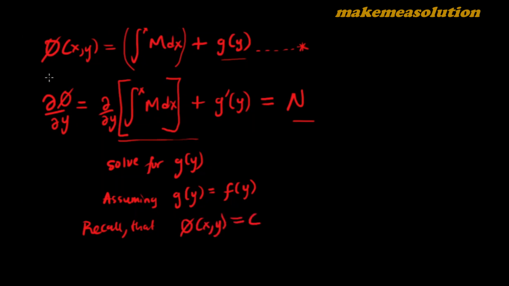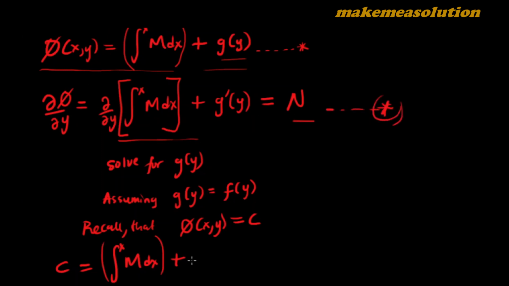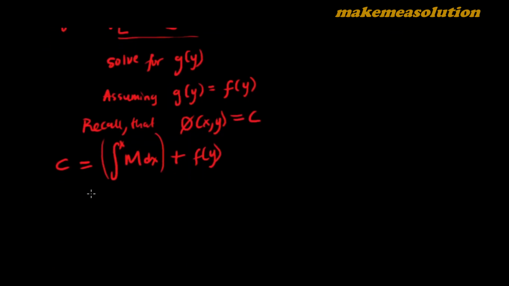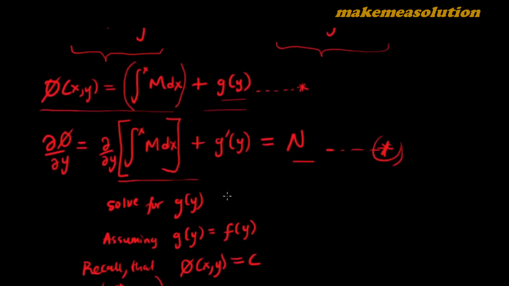So you will now change the nature of this equation to c equal to we have our integral of m dx, then plus, now that you've gotten the value of g of y from this equation over here, you now put it as f of y. So this theoretically should be how you are going to solve your problem. This should be the theoretical approach in solving your problem.